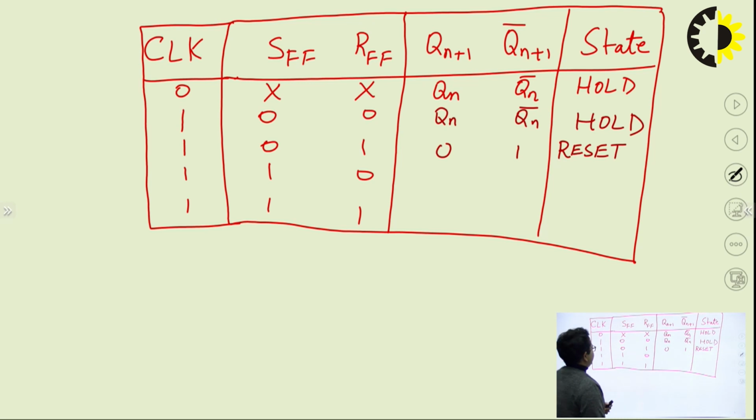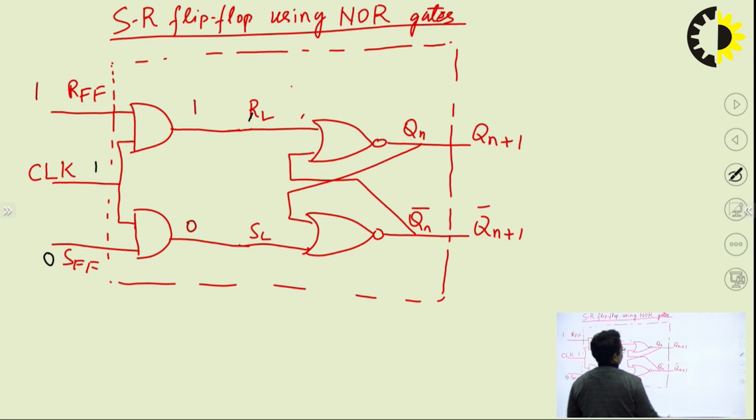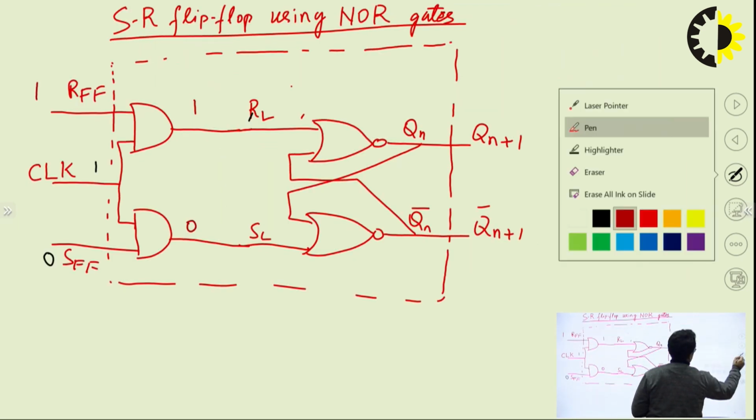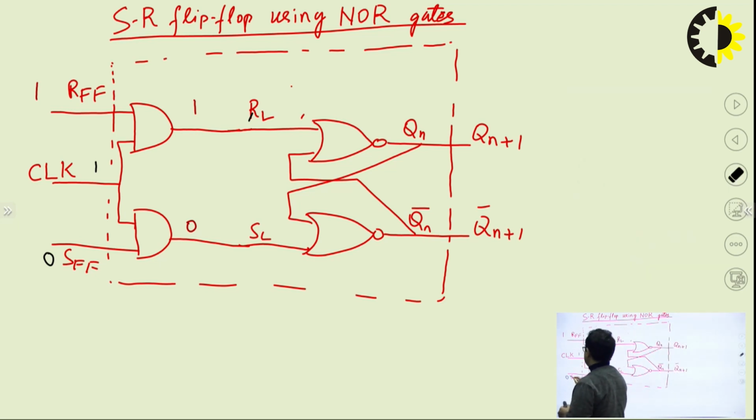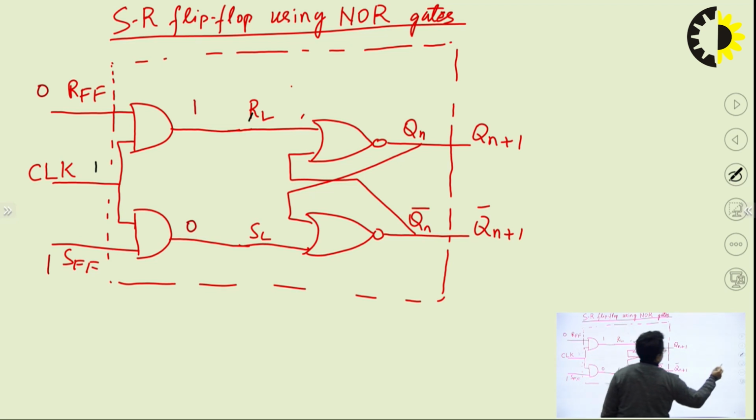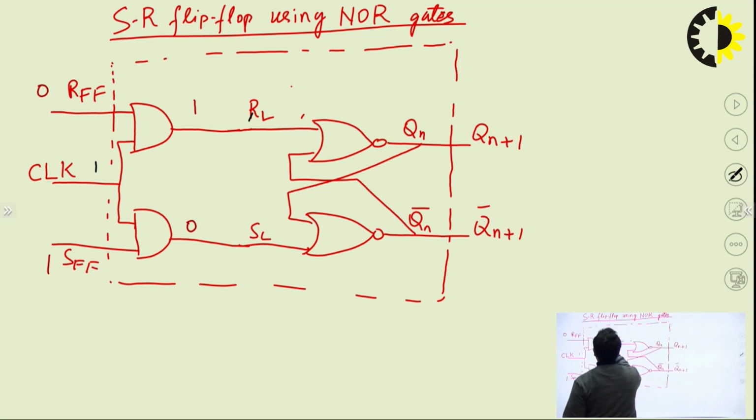Fine. Now the next combination is 1 0. What will happen if we are providing input to the S terminal? Input is given to S and R is 0. So this will change its state from 1 to 0 and that will change its state from 0 to 1.